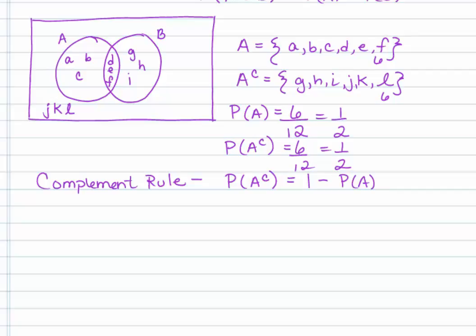A couple more things that I wanted to talk about, just to recap. A united with B would be all the items in the Venn in A, in the shared space, and within B solely.